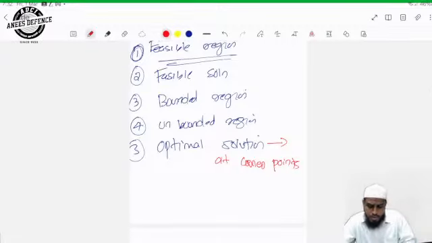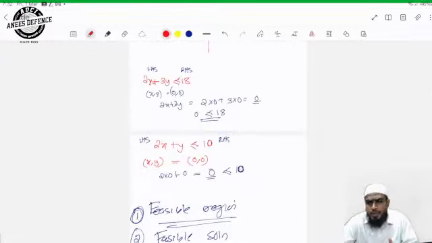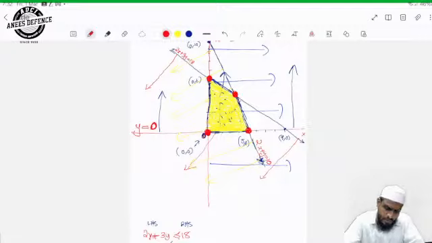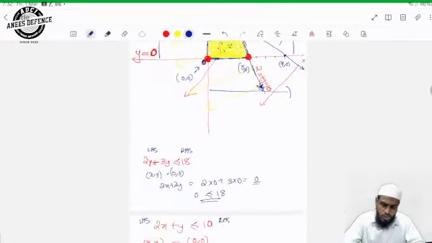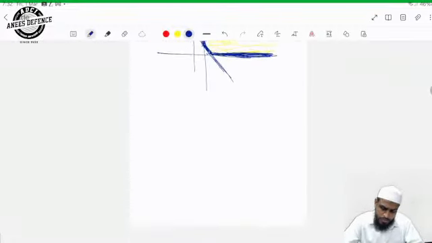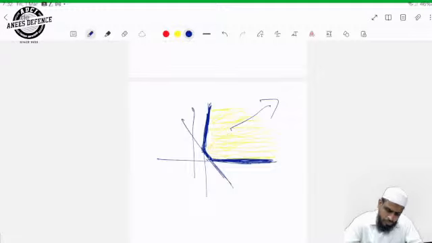So what are the corner points here? Here we know that one corner point is 0, 0. That is clear. One of the corners is the origin. The other corner is 0, 6. The other corner is 5, 0. So we can write the corner points here.